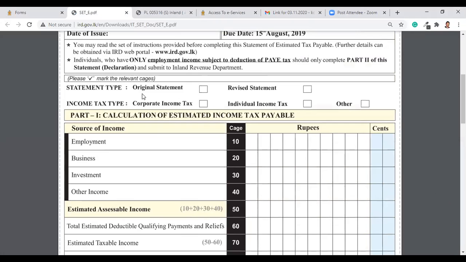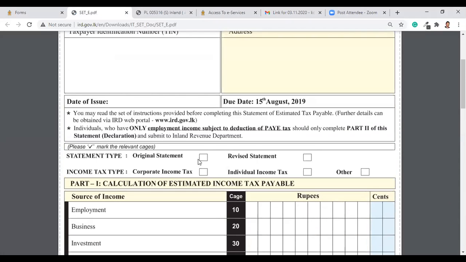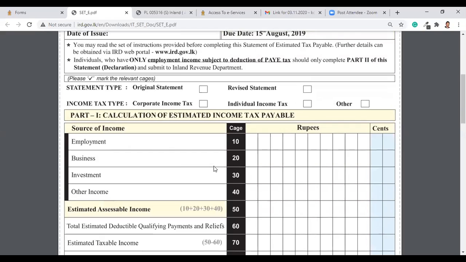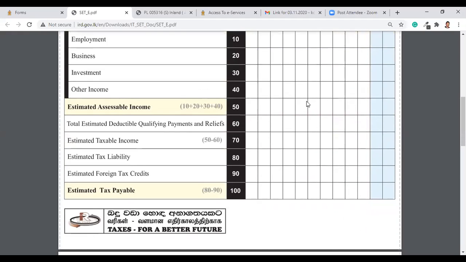Then you just need to set here the statement type, original statement, whether it is revised. This is original, and the corporate income tax is company. Then they don't have employment, they have business income. If they have investment or any other income, they need to declare it, and the total assessable income.